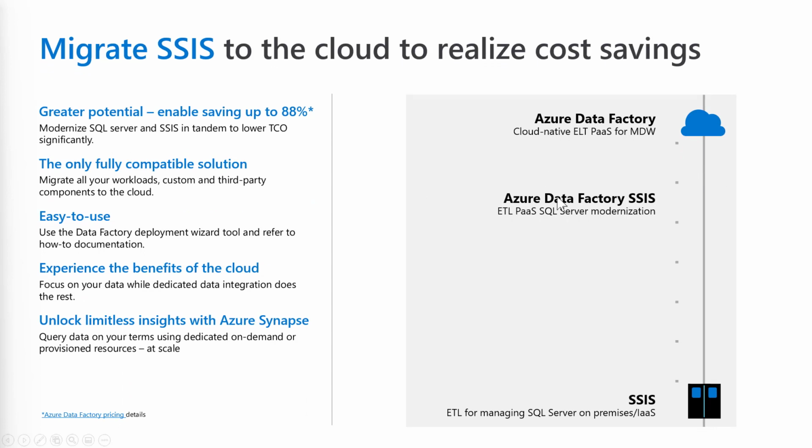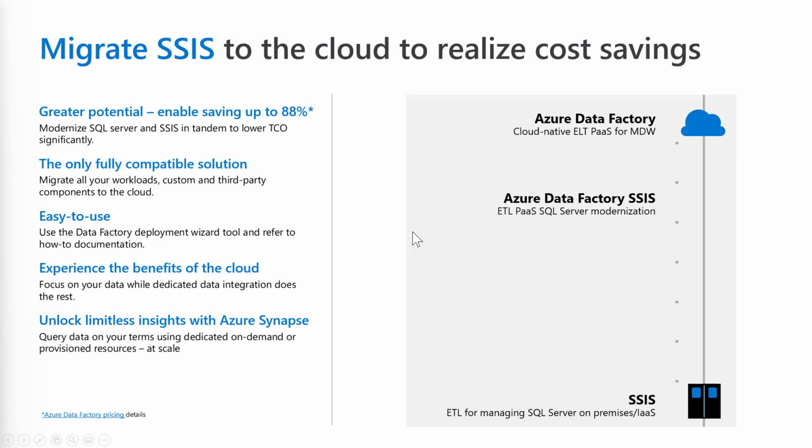Another very distinguishing feature of Azure Data Factory is supporting one-to-one, easy click SSIS migration. To modernize your SSIS packages and solutions, you can lower the total cost of operation significantly, up to 88%.